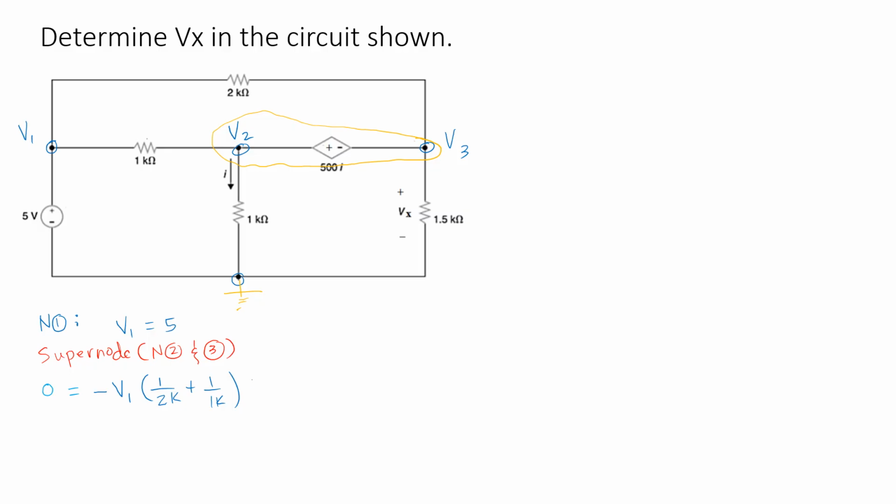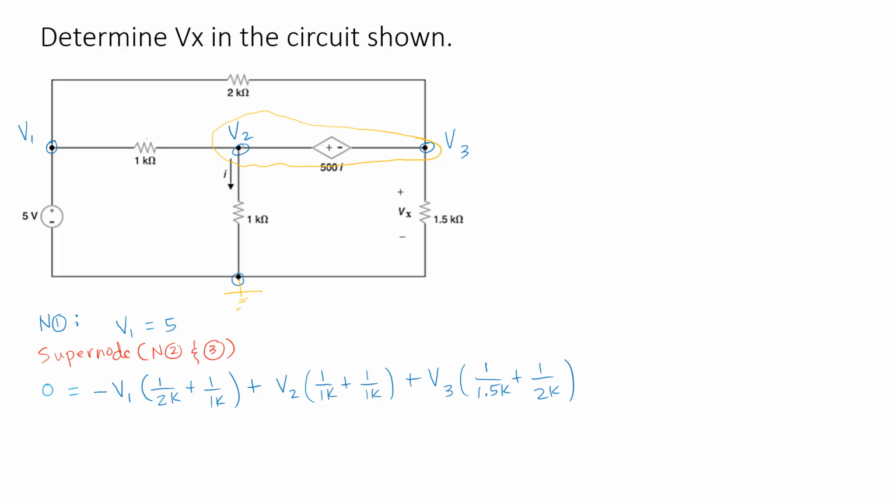Now, we are going to add to this V2 times the sum of the conductances connected to node 2, and that is 1 over 1k and the other 1 over 1k. Also, V3 will appear positive in the equation, again because it is part of the supernode. So we'll have V3 multiplied by the conductances connected to node 3, which are 1 over 1.5k and 1 over 2k.